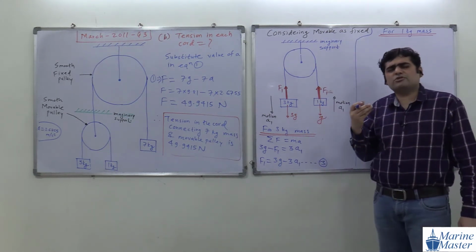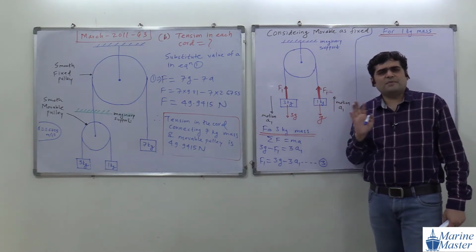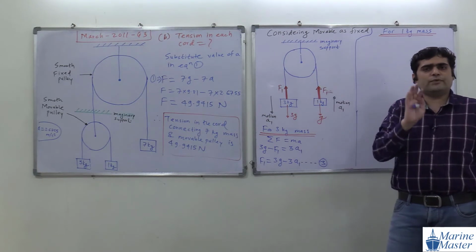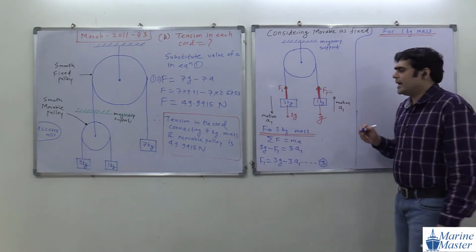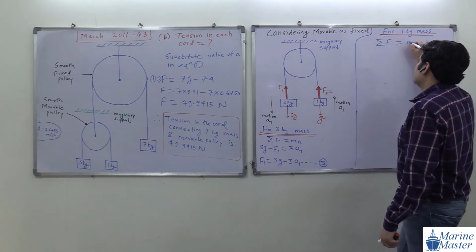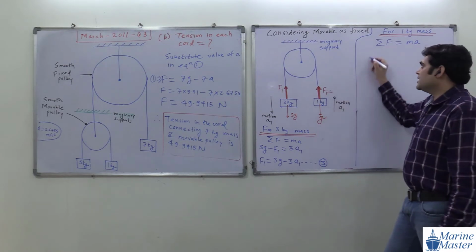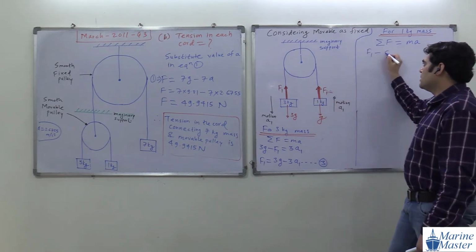There are different forms of Newton's second law, different statements. But the useful statement for us is: the summation of force, the net force on the object, is equal to mass into acceleration. So summation of F is equal to ma. What are the forces here in the direction of motion? F1 positive minus g.